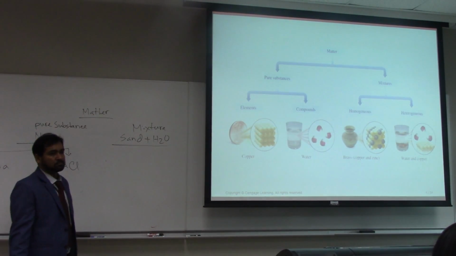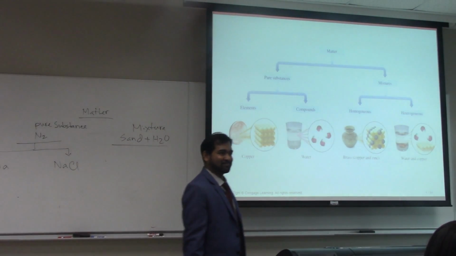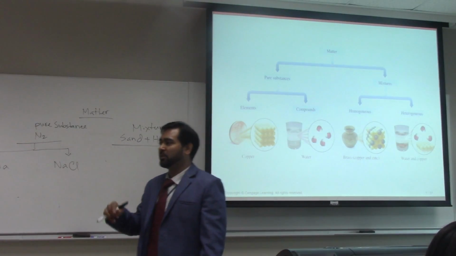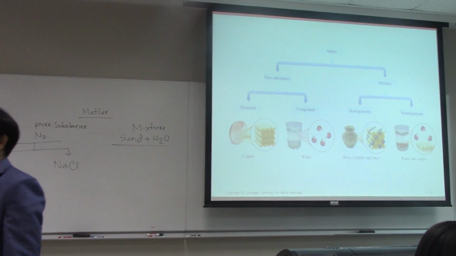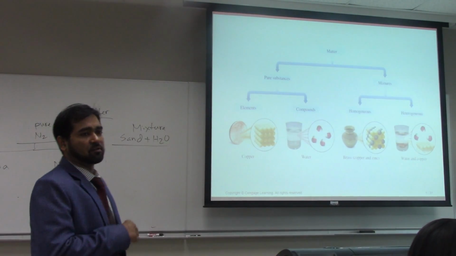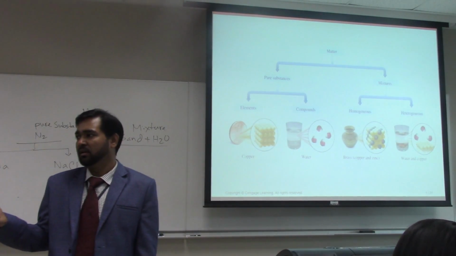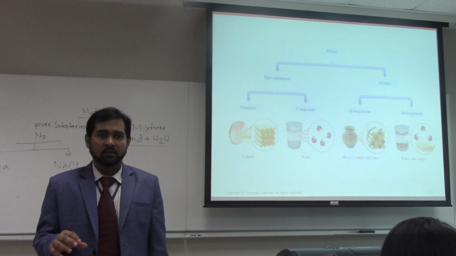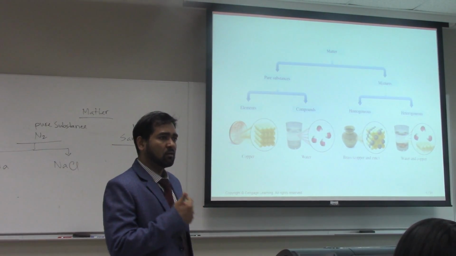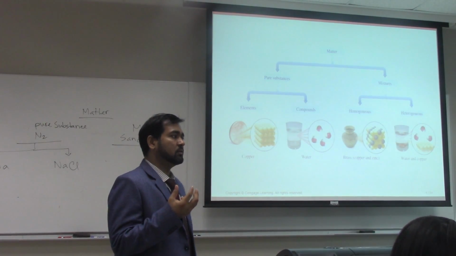How about the mixture? Are all mixtures the same? Not necessarily. Some could be uniform throughout. For instance, if you sprinkle some salt or sugar into the water, this salt or sugar uniformly mixes throughout the water. That's called uniform.